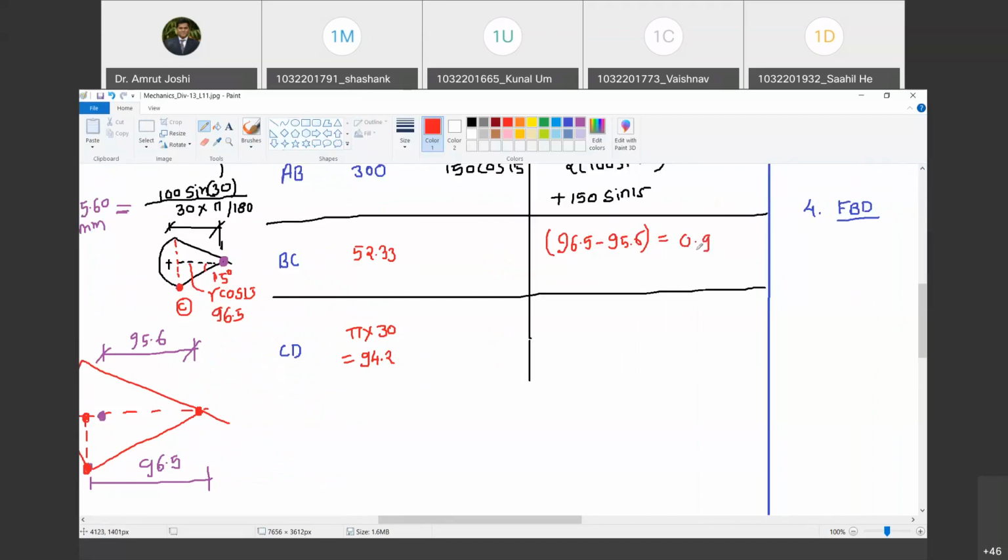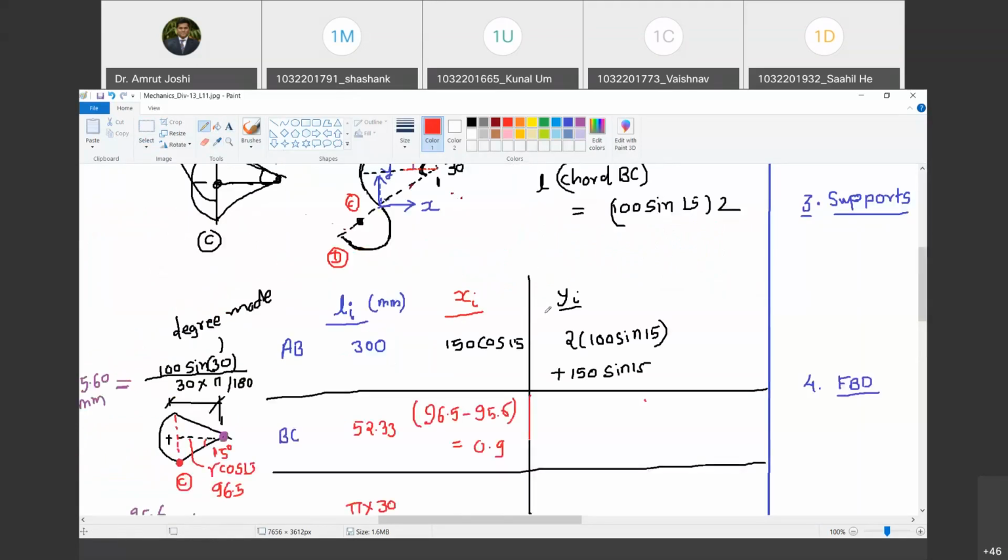I think I have written it again at the wrong place. It is xi, not yi. Happy?